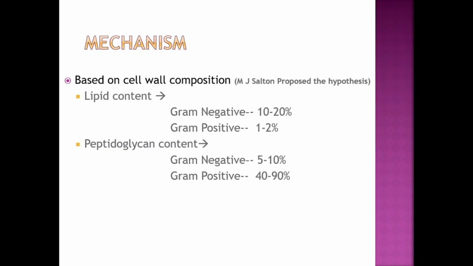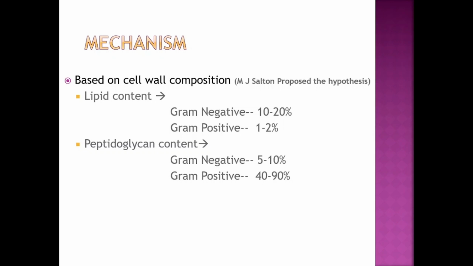Not only lipid content but peptidoglycan content also contributes to this gram staining mechanism. The peptidoglycan content of gram negative organisms is only 5 to 10%, whereas in gram positive organisms it is 40 to 90%.